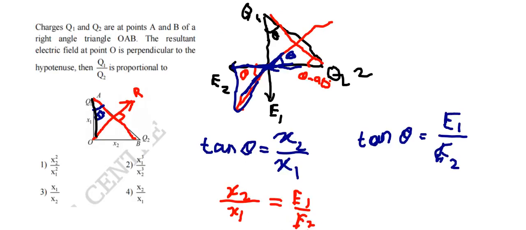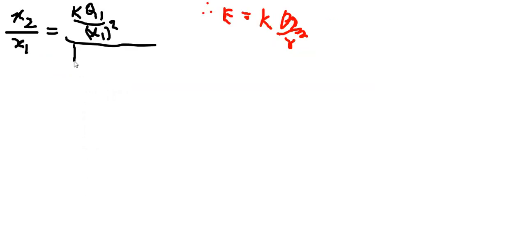According to the above equation, if it is E2, the same thing becomes K, the constant, but the charge is Q2 by x2 square.